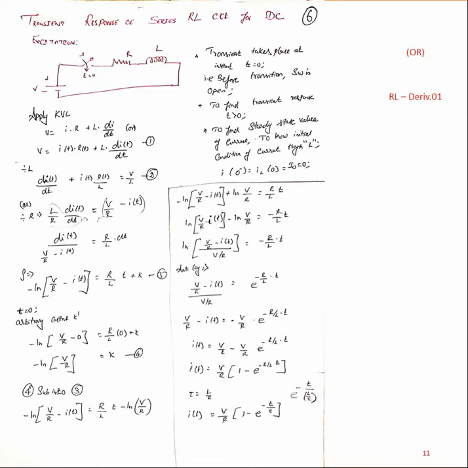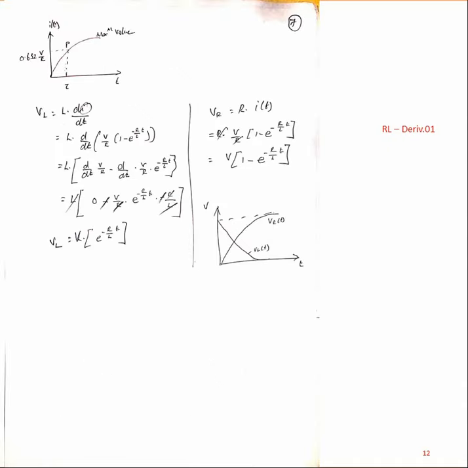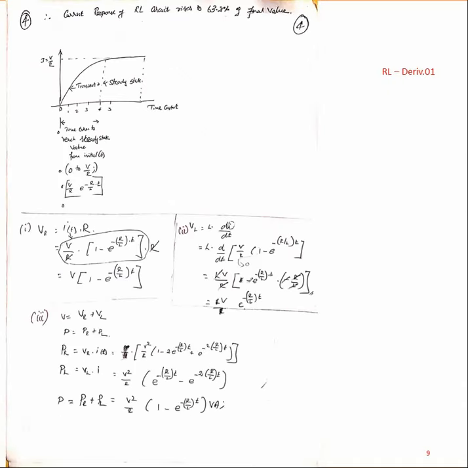Then you find the power value. What is the power? The power P is equal to PR plus PL. Power P is equal to V into I. Then PR means VR into I, and PL means VL into I. So you need to find the VR value and VL value, and this is the method to find them.